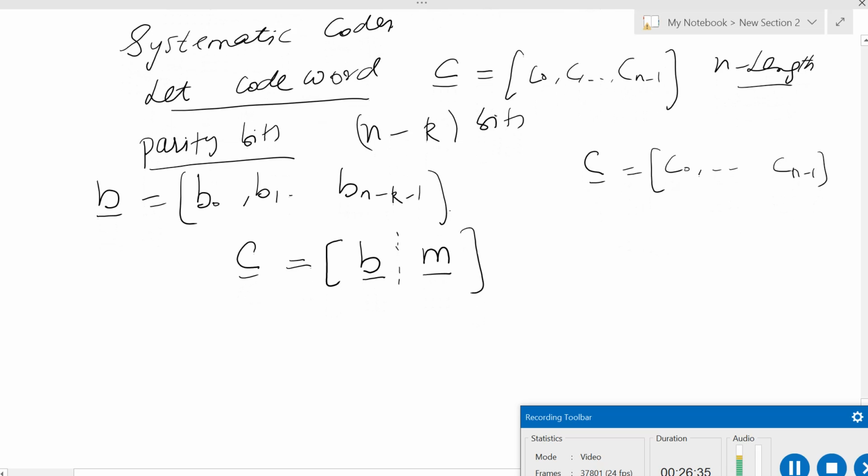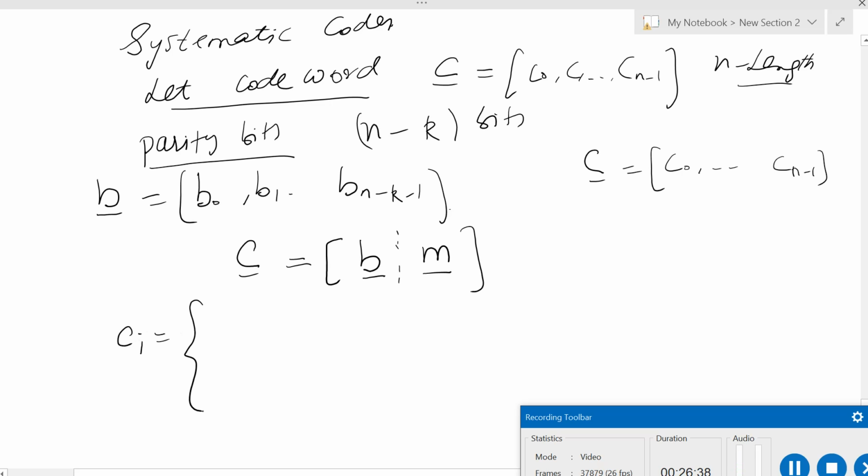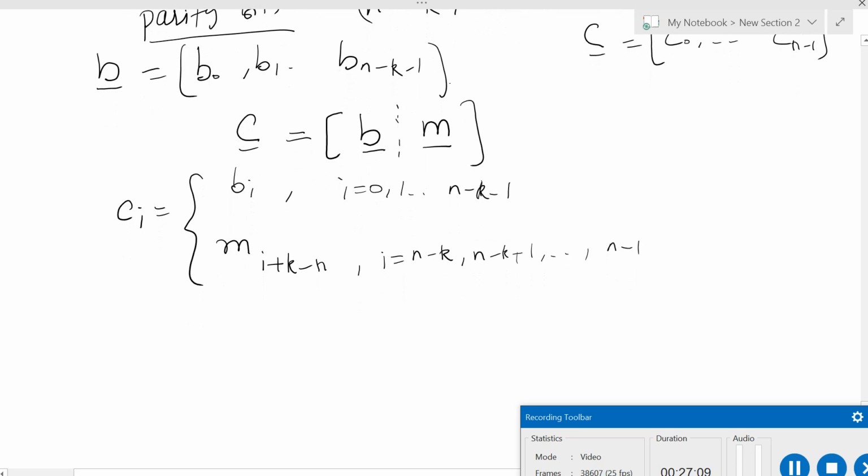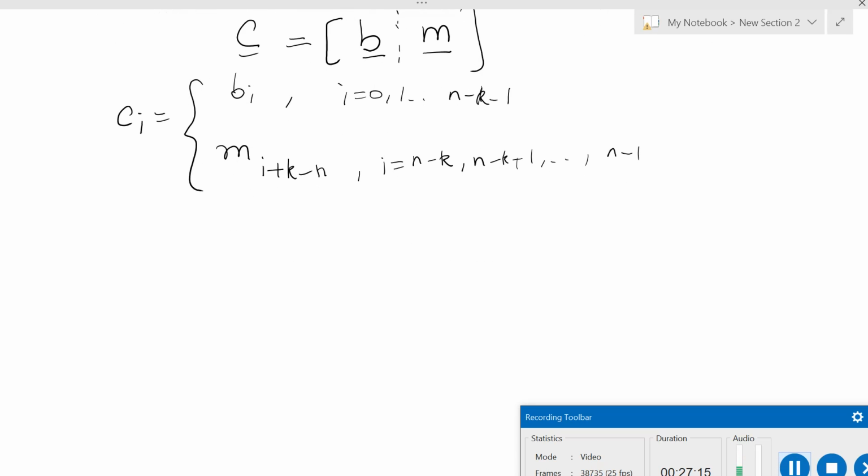So you take any of the bit Ci, it will be either equal to Bi for i equal to 0, 1 up to n minus k minus 1, because there are n minus k parity bits, or it will be equal to m of i plus k minus n for i equal to n minus k plus 1 up to n minus 1. Okay, it will become more clear with examples. Don't worry about it.